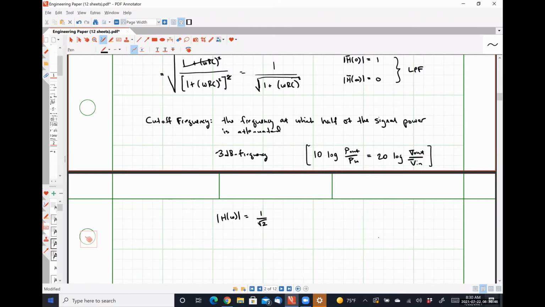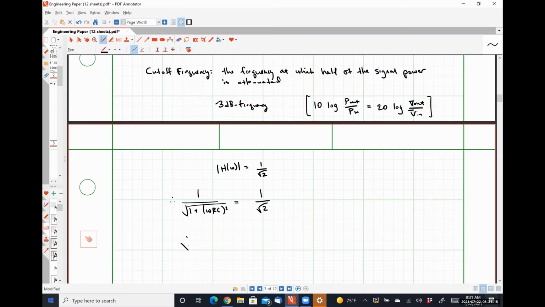So I could argue that we want 1 over the square root of 1 plus (omega RC) squared to be equal to 1 over the square root of 2, which implies that 1 plus (omega RC) squared has to equal 2.